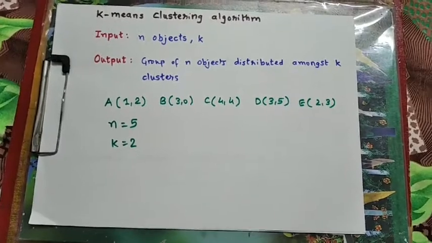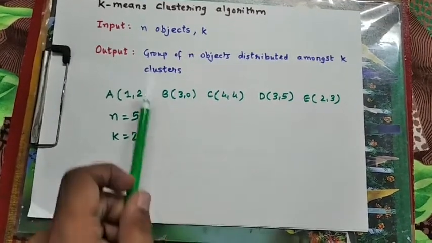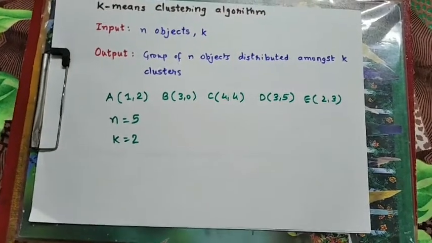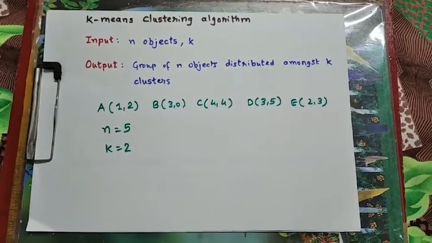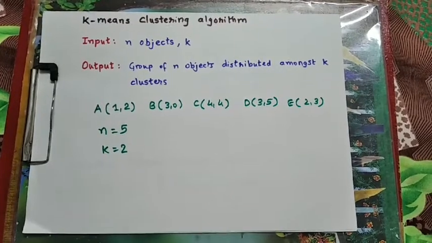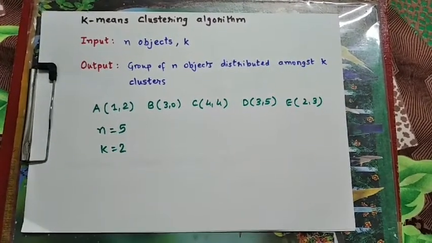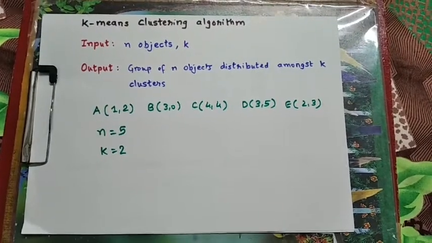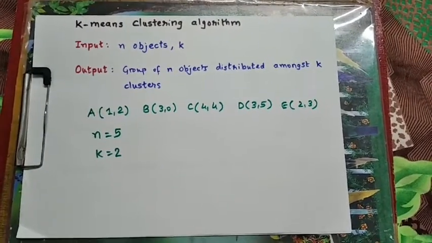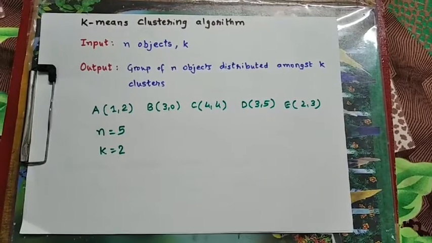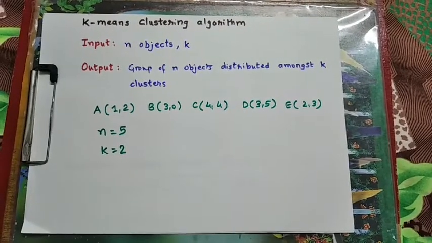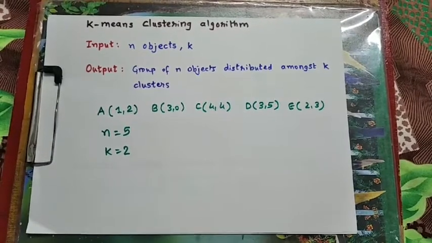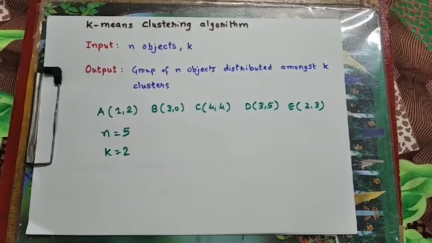As mentioned over here, the input to this algorithm is n and k. So there are two inputs. One is n, the number of objects which we want to group together, and second is k, the number of groups or clusters we want to form. This is a predefined way to indicate the number of clusters we want to form after the process.